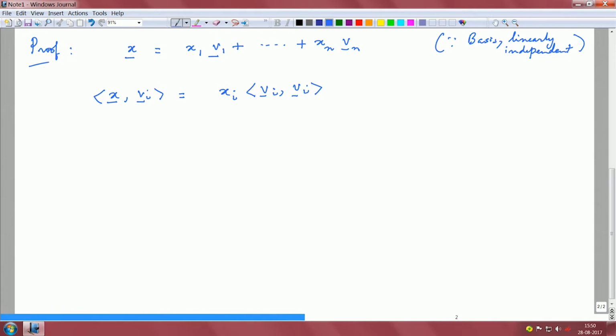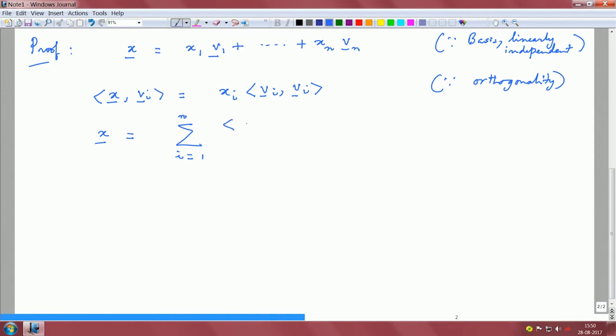So, therefore, we can write x in this form, which is a sum, because of orthogonality, i equals 1 to n.